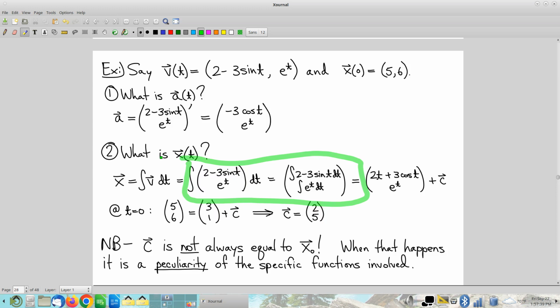Polynomials, trig functions, combinations of trig functions. There are various little tricks that you can pull to do antiderivatives of those. Integration by parts and substitutions are the two big next level techniques. And it's one thing to know those, and it's another thing to be good at them, right? So make sure that you're good at them and proficient and quick and reliable and all that kind of stuff.